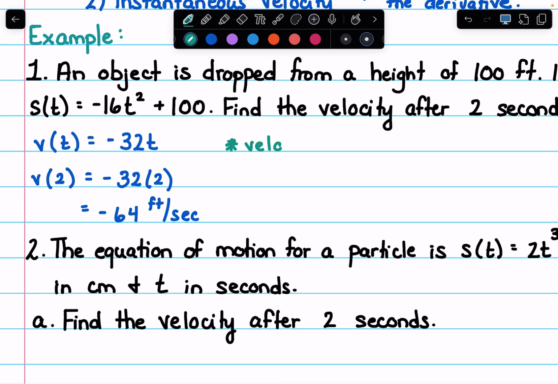And you can make a little note. Velocity is units per second. And then acceleration, it's a long word. Acceleration is units per second squared.